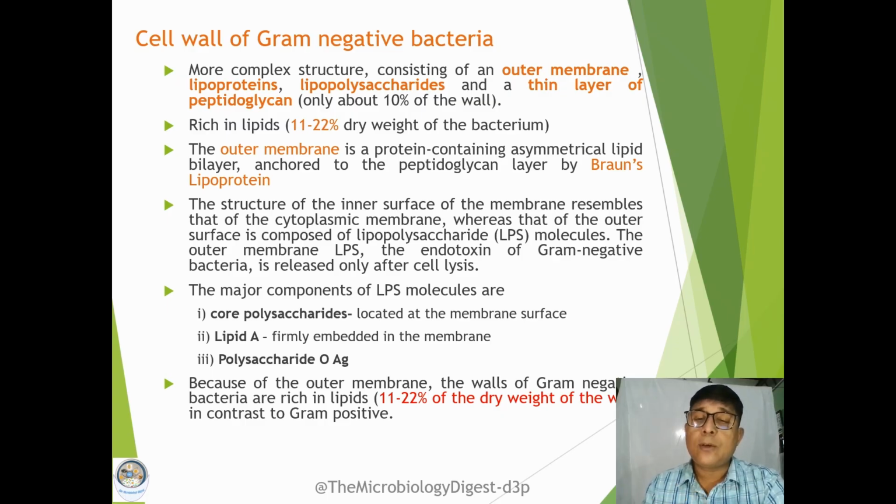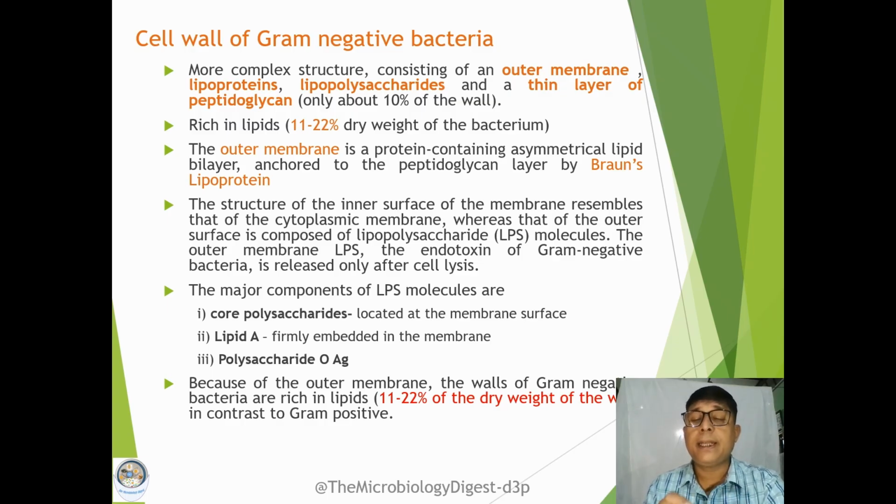The outer membrane is an additional structure, and it is mostly composed of lipids, and because of this, gram negative organisms are very rich in lipid content.